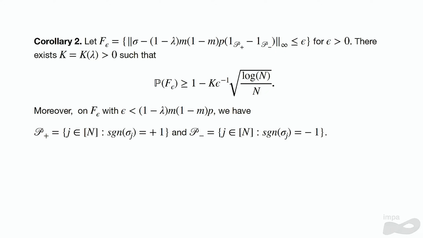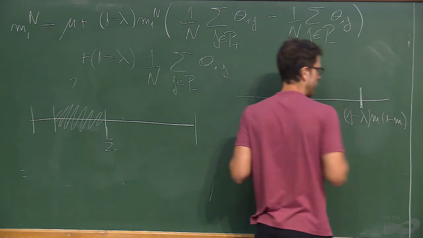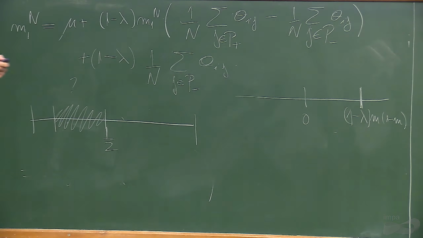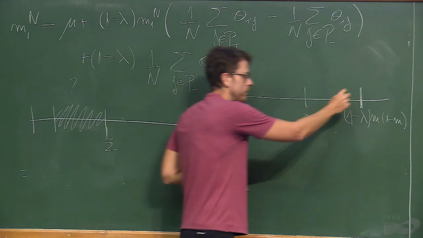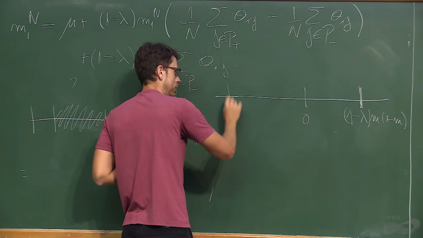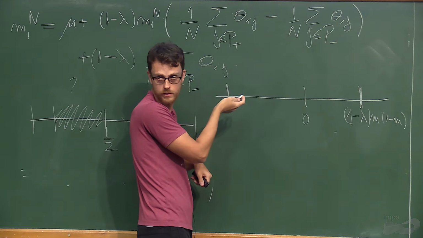Okay? So in the slides, this is more complicated, but what I'm saying here is that there is some quantity here, sorry, let me write it here. This is 1 minus lambda m, 1 minus m. So if I look at this vector here, when I take a j in p plus, its value is this quantity here. If I take a j which is in p minus, it's minus this quantity, right?